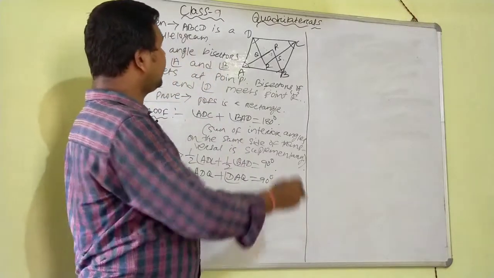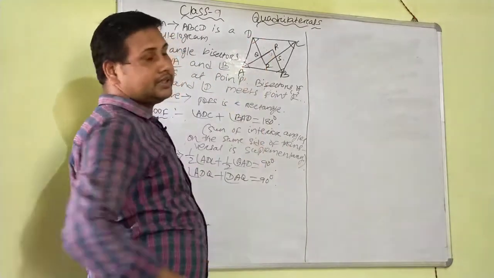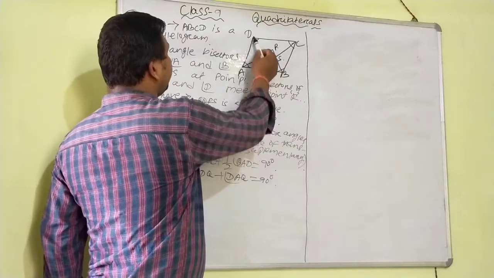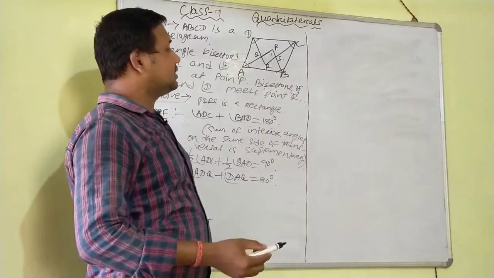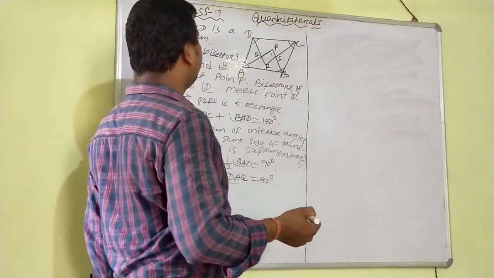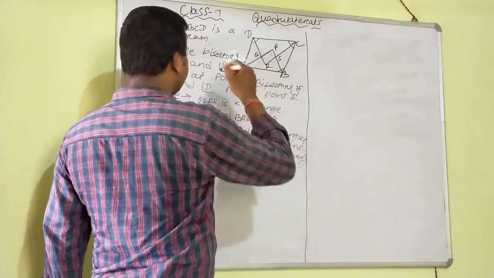Now come to triangle AQD. If angles ADQ and DAQ sum to 90 degrees, then what is the value of DQA?